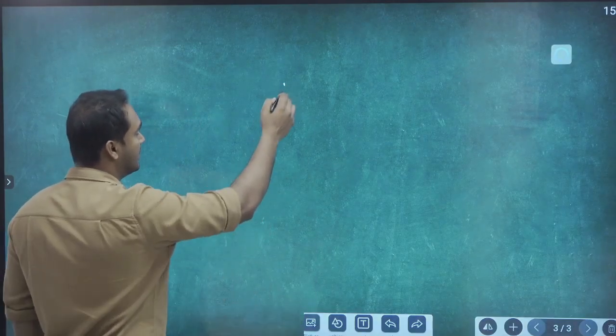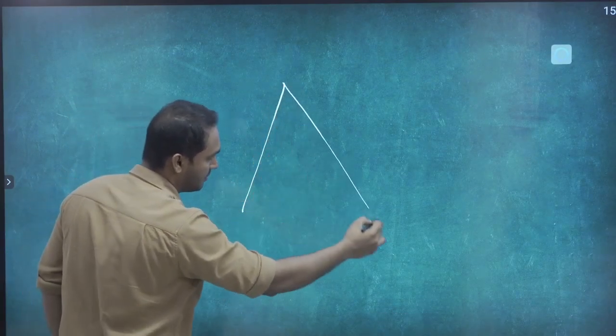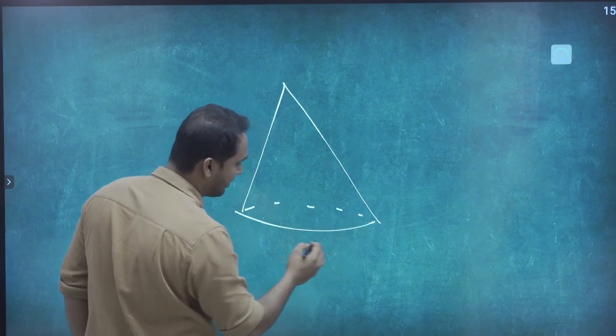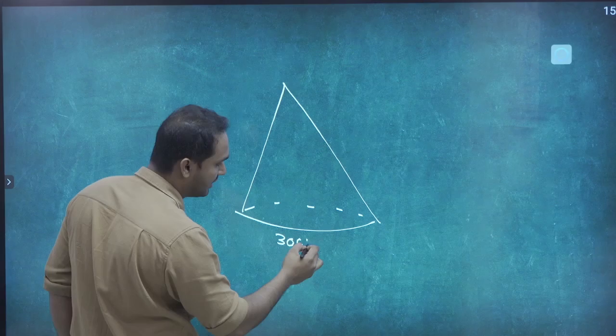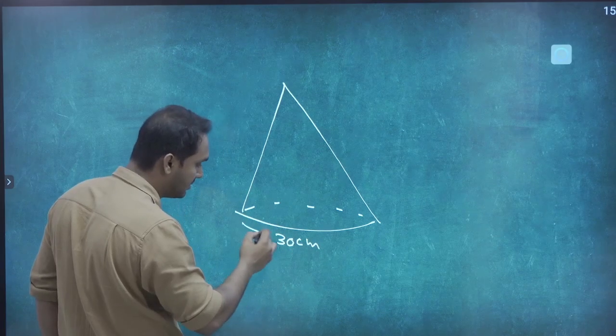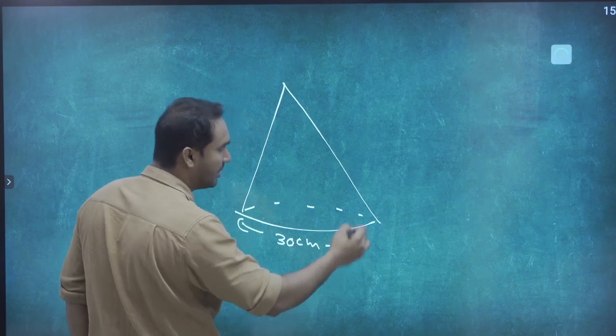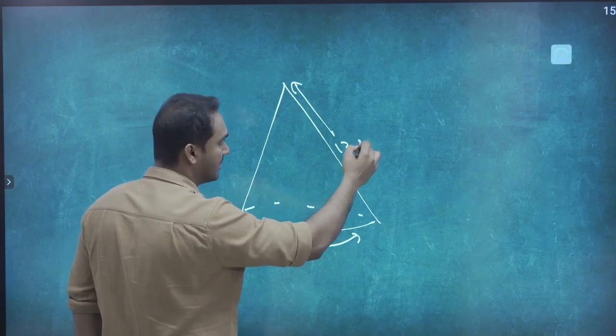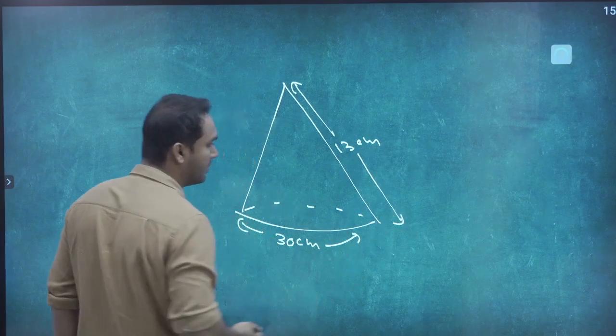So this is the pile of sand in the shape of a cone, and the circumference is given as how much? 30 centimeters. That is the circumference, and the slant height is given as 13 centimeters, and they are asking for the volume.